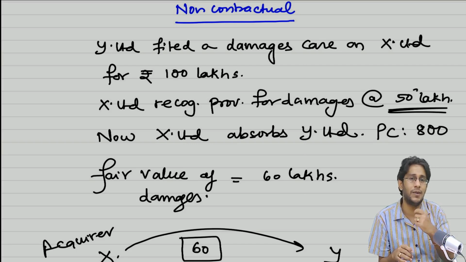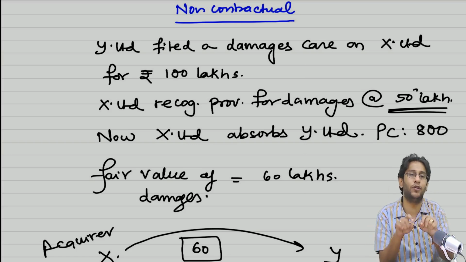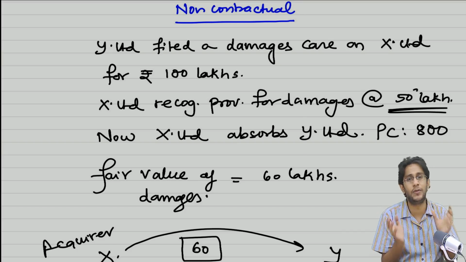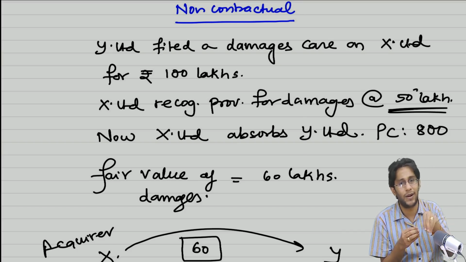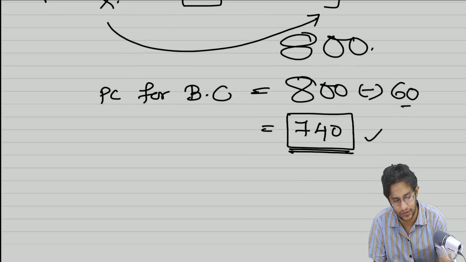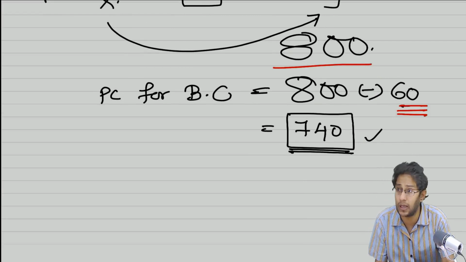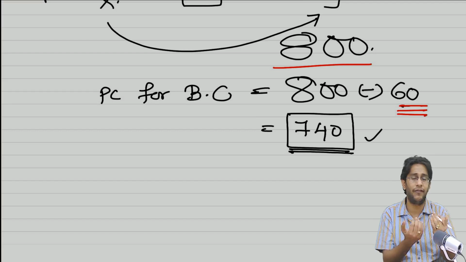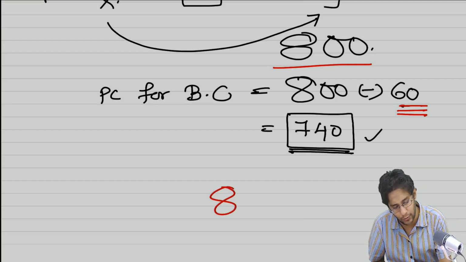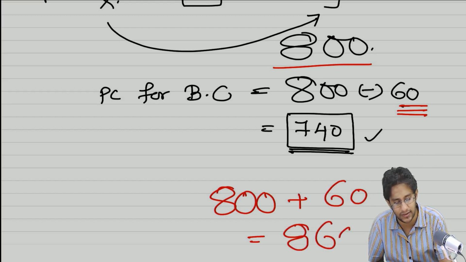So just because I am paying you 900 lakhs, the 900 lakhs will not become the actual PC for your BC. The actual PC for BC is 900 lakhs plus the extra amount I netted off. So here we have deducted this. From the overall consideration, the fair value of damages payable we are removing. In case we have damages receivable, what I would have done is 800 plus 60, the answer would have been 860.